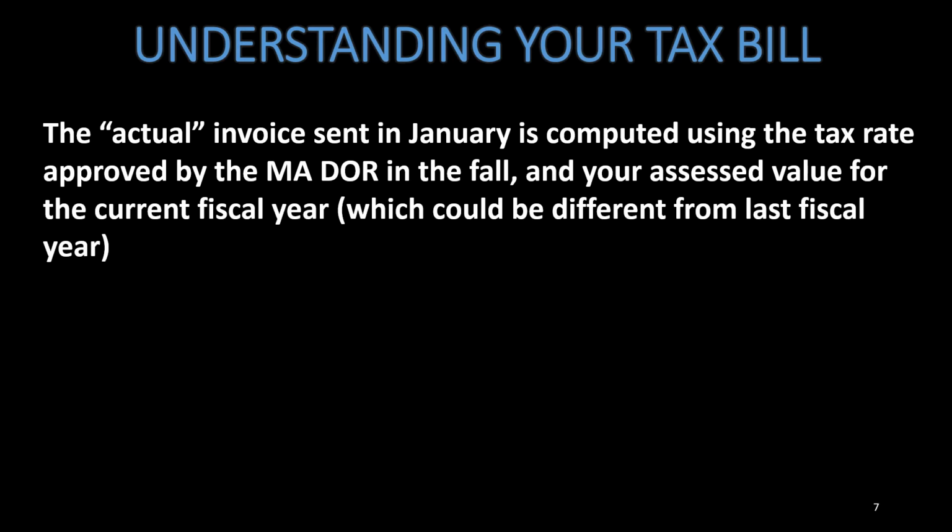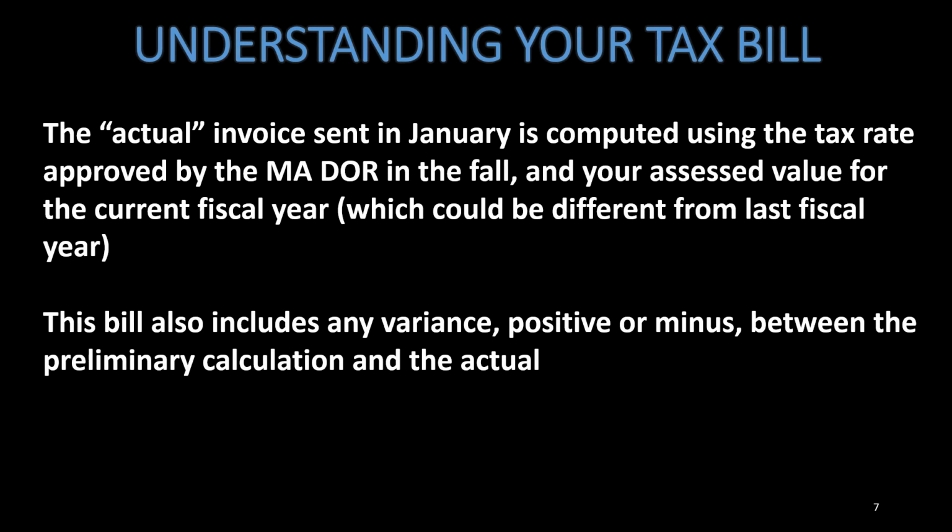That assessed value could be different from your assessed value last fiscal year for many different reasons. The actual tax bill or actual invoice that you receive in January also includes any variance, whether it's positive or negative, between what the preliminary calculation is and what your actual tax bill is.